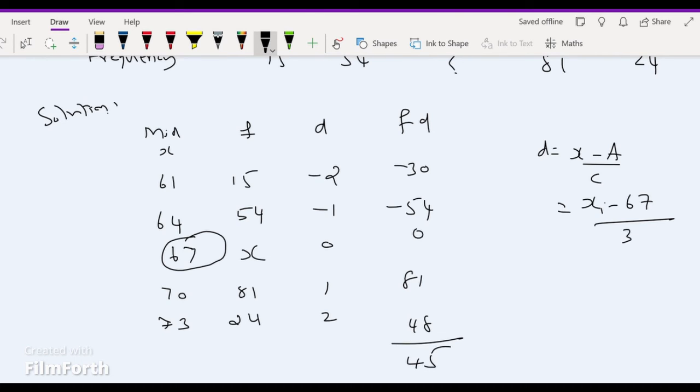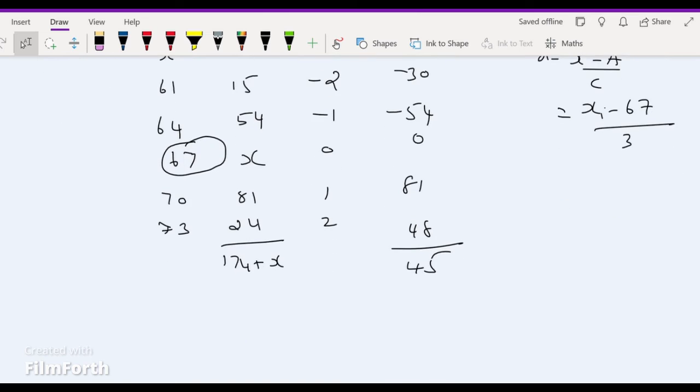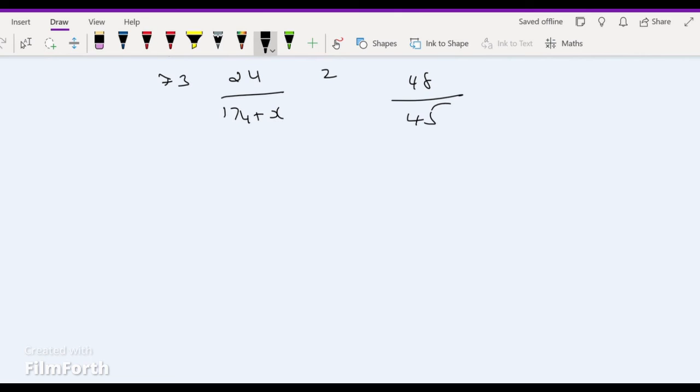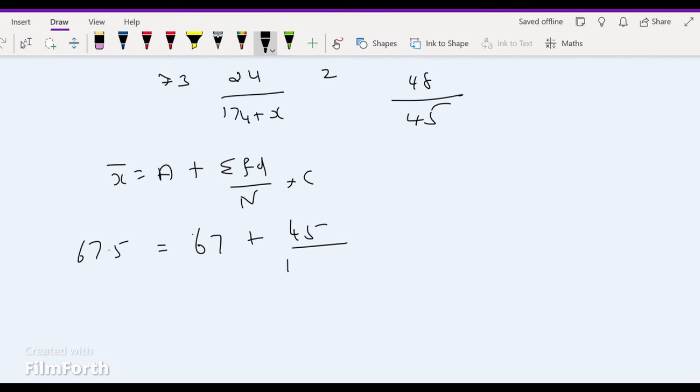So this value is 45, and N is 174 plus x, because for one interval the frequency we don't know. So x bar is equal to A plus summation of fd by capital N into C. x bar given is 67.5, A we know is 67, plus fd 45 by N. N is 174 plus x, into 3.